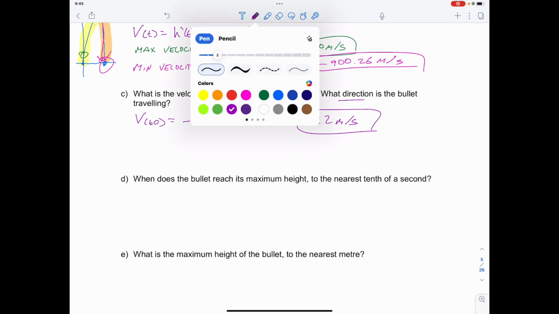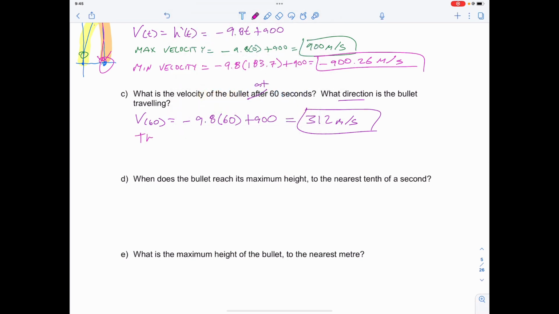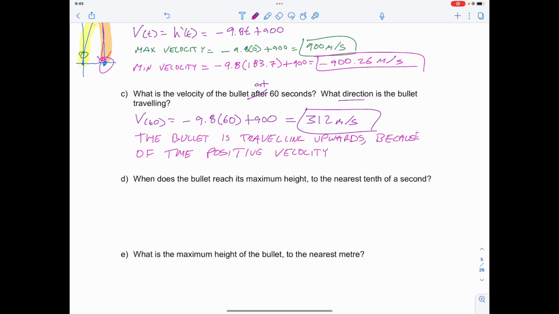We know that the bullet is traveling upwards, because of the positive velocity. This bullet is only, because it was shot straight up, going up and down, so you don't really have to worry about the left and right.